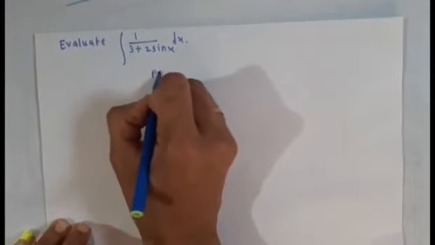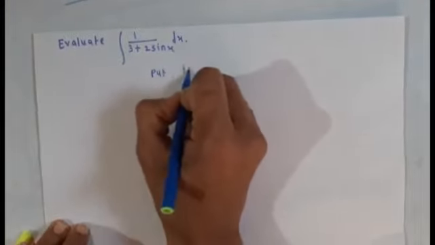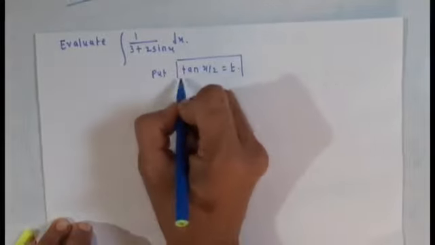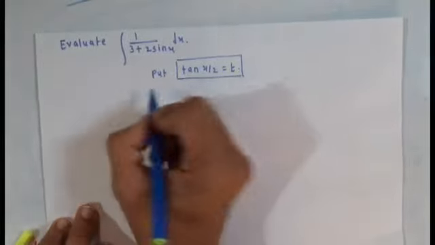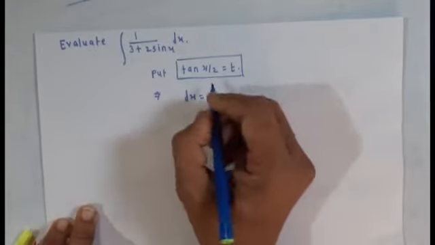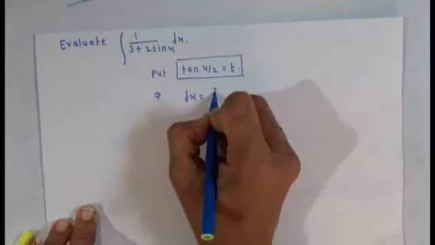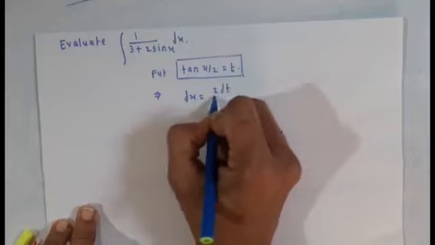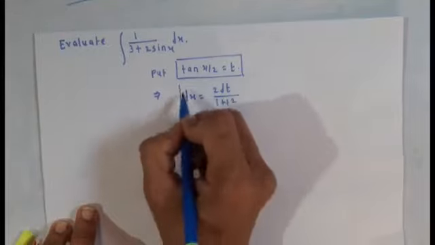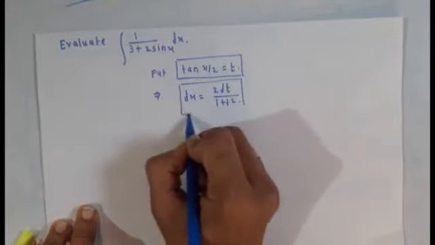Okay students, to solve this problem, put tan of x by 2 equal to t. This implies the value of dx, which we have already found out, is 2 dt upon 1 plus t square. Okay, this is the value of dx.